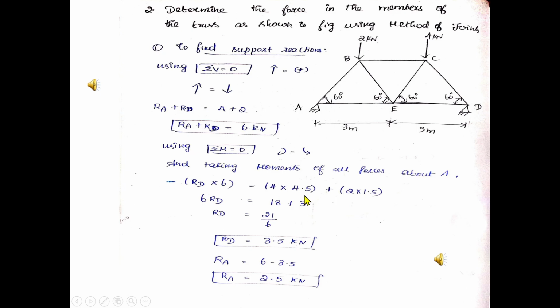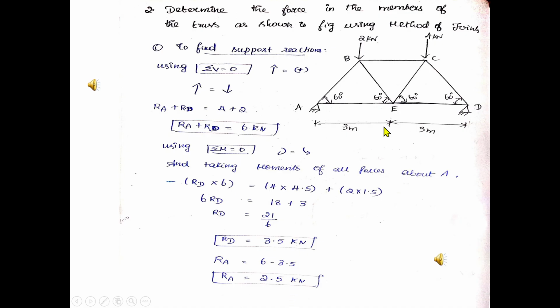So 2 into 1.5, this is clockwise, and 4 into, so this will act at the center because this is 60 degree and 60 degree. So here 1.5 and here we have 3, so 4.5 meters. This will also produce clockwise moment, and RD will produce anti-clockwise moment. So minus RD into 6 equal to 0. Therefore, RD will be 3.5 kilonewton, and hence RA will be equal to 2.5 kilonewton.